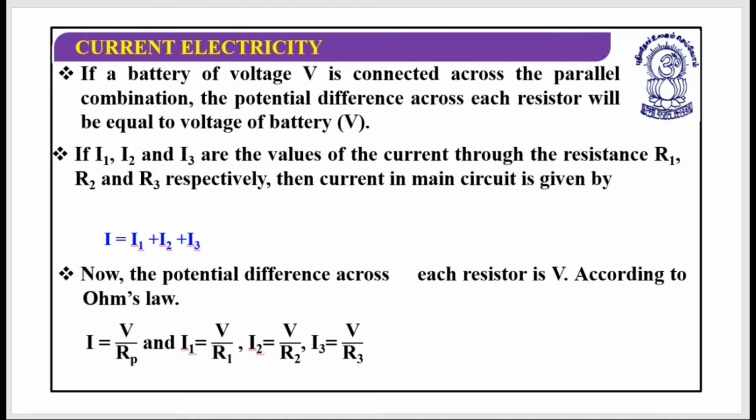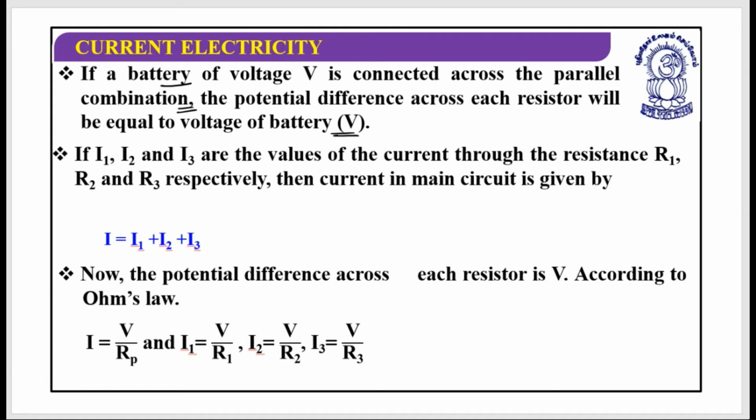If a battery of voltage V is connected across the parallel combination, the potential difference across each resistance will be equal to the voltage of the battery, that is V. Suppose the current I1 is passing through R1, I2 through R2, and I3 through R3.